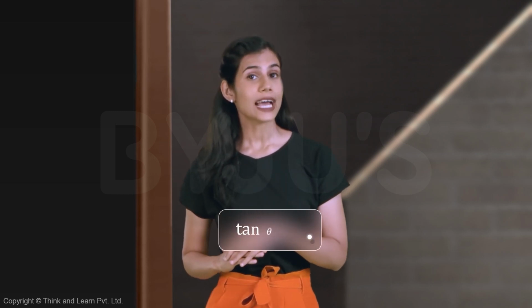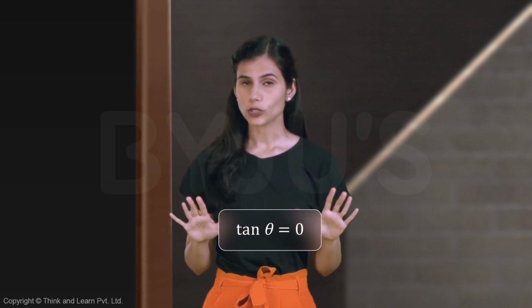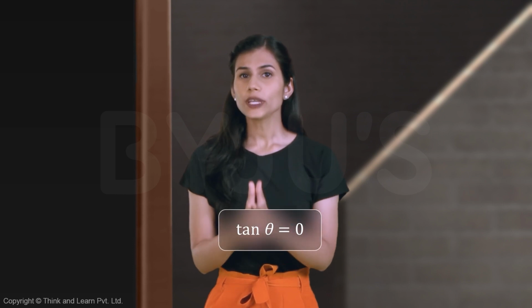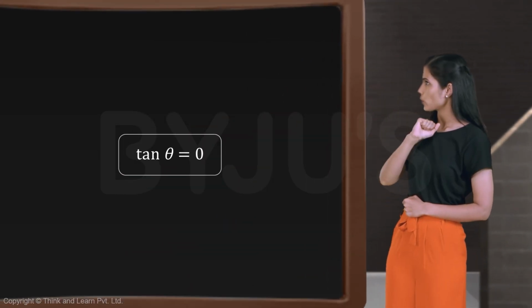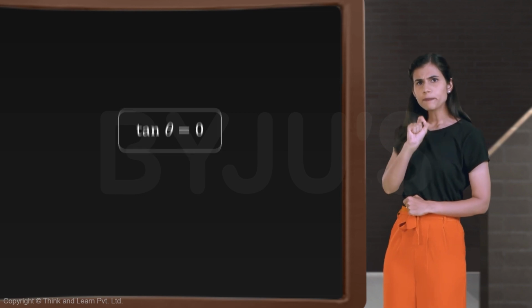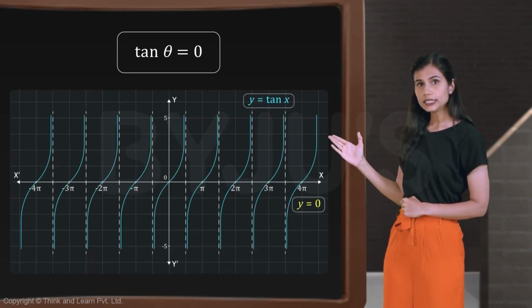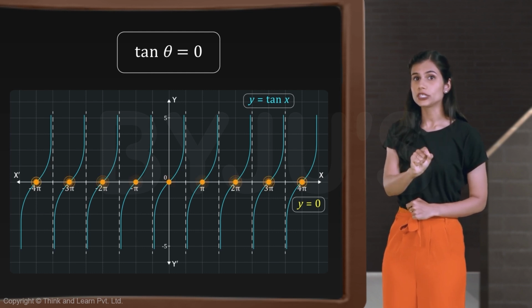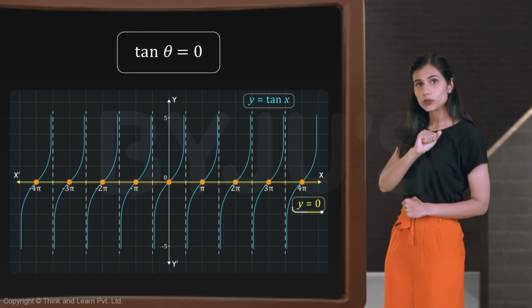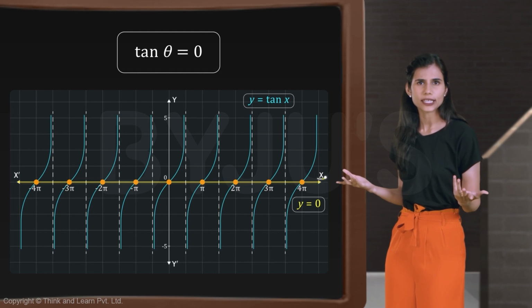Consider the equation tan theta equals 0. Okay? Fortunately, we are well versed with the graphical procedure to solve this equation. Simply plot the graph of the tan function and now catch hold of its points of intersection with the line y equals 0, which is your x-axis only.